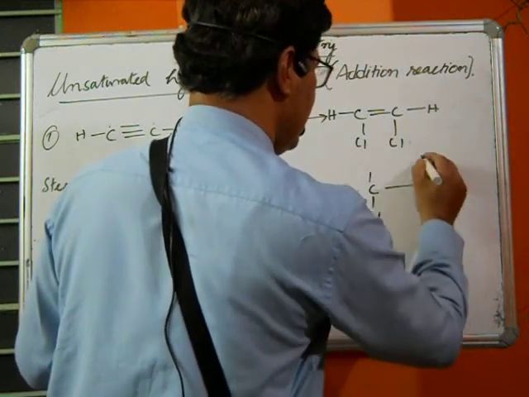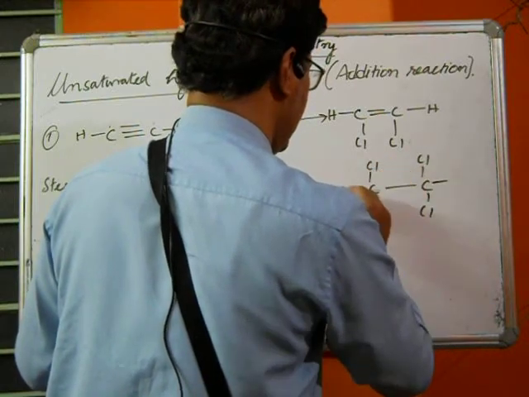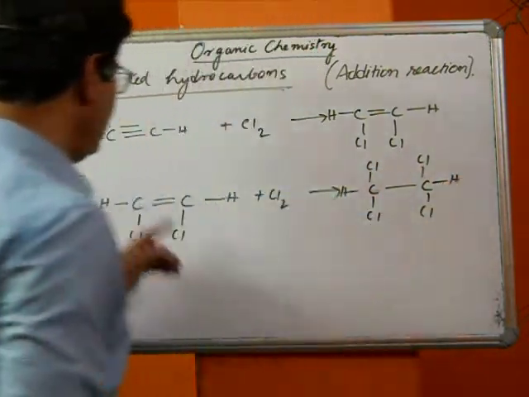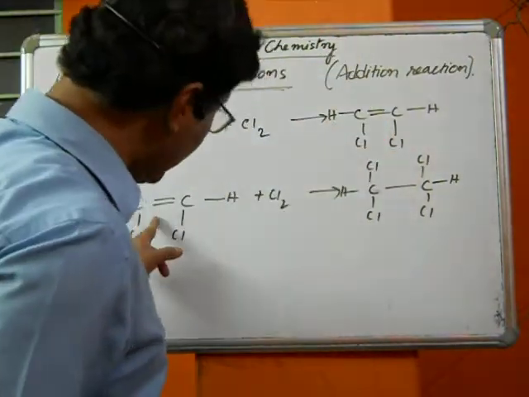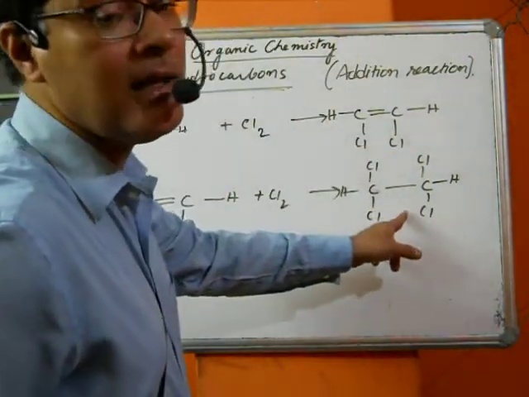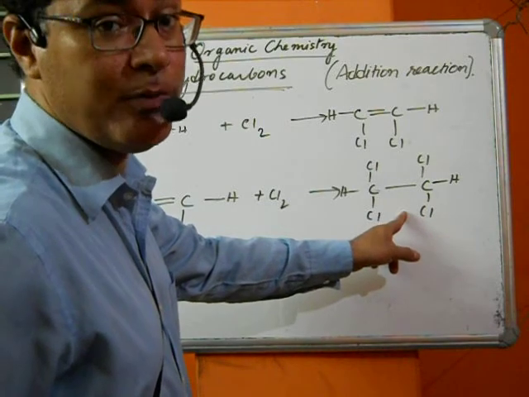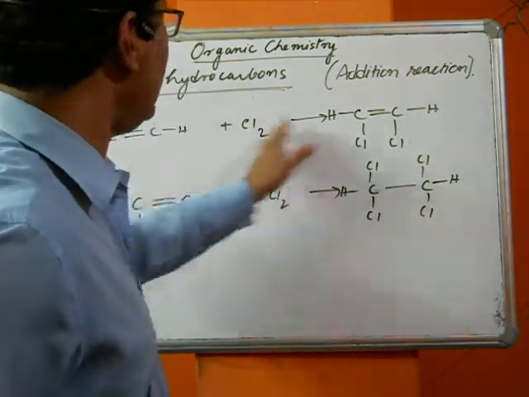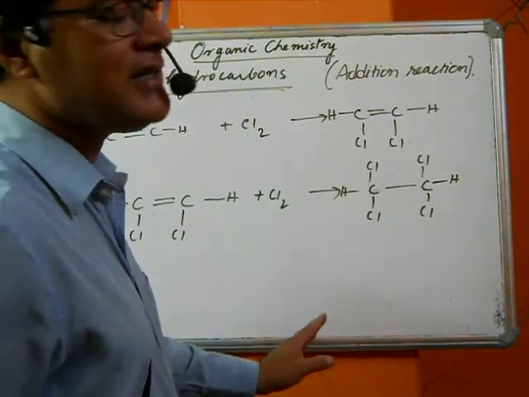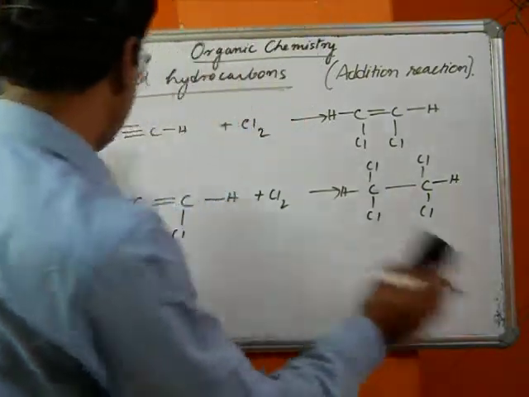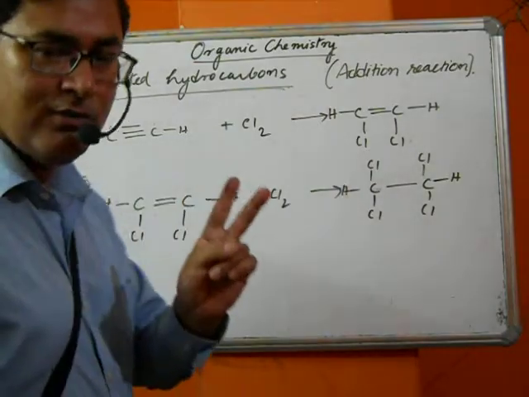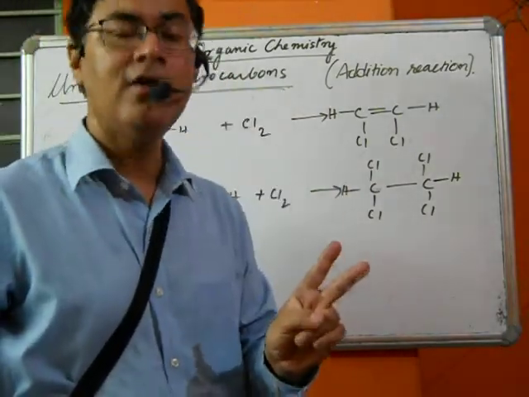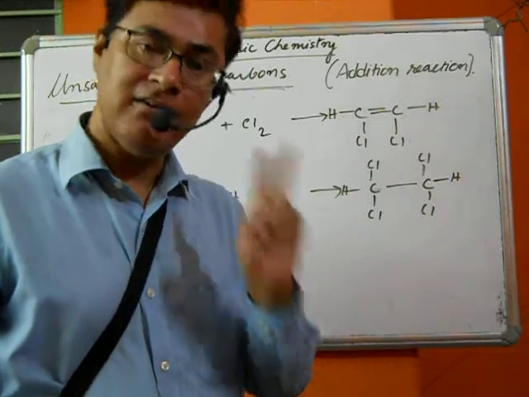Cl, Cl, Cl, Cl, hydrogen, hydrogen. So the triple bonded compound converted to a double bonded compound, then the double bonded compound converted to a single bonded compound. I hope you understood. So these are addition reactions. There is no replacement of the hydrogen atoms taking place. So we understood about two things. We understood about substitution reaction. We understood about addition reactions.